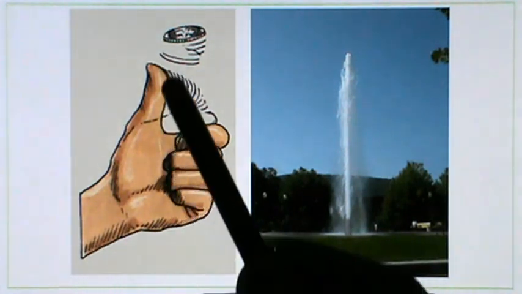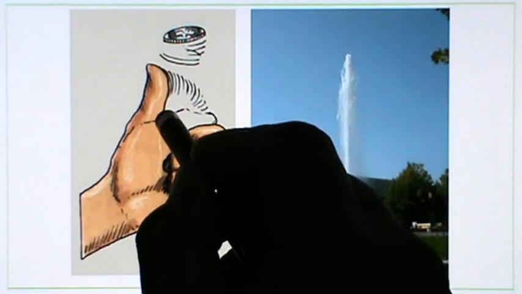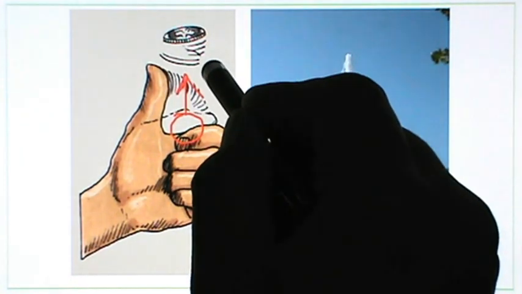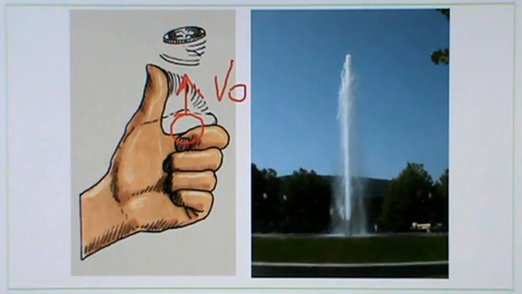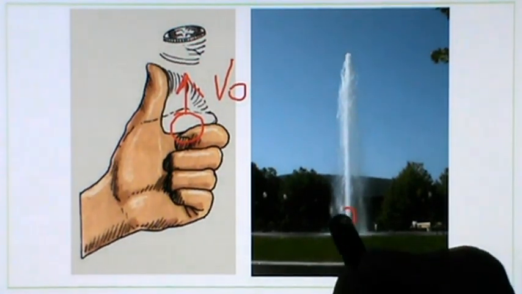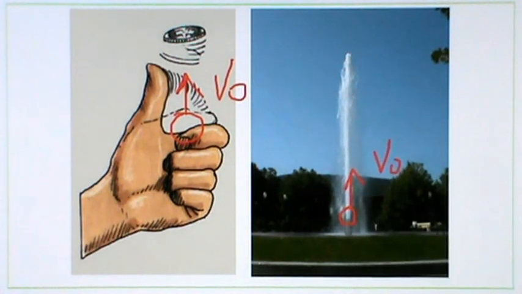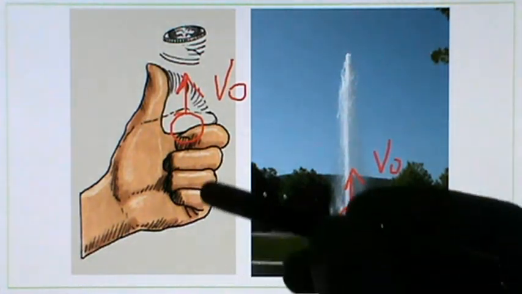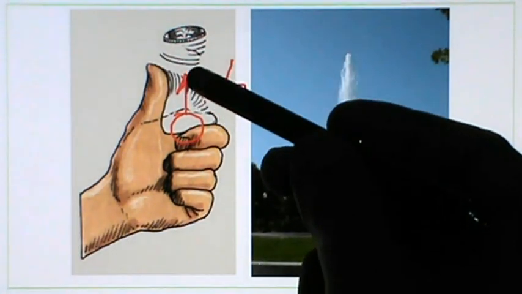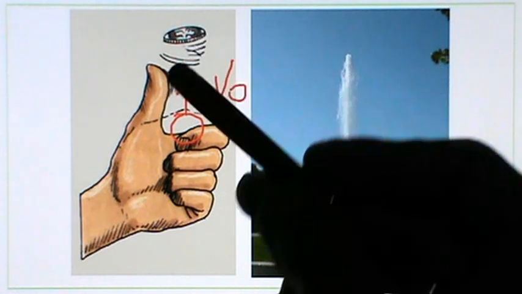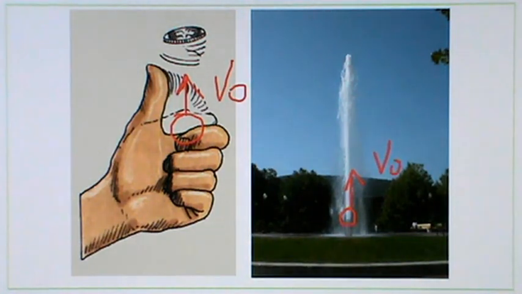As we toss the coin, it will have an initial speed. Let's call it V0. The same story applies to the water; it also has V0. Now, due to the attraction of gravity, the speed of this coin will become smaller and smaller because it decelerates 10 meters per second each second.